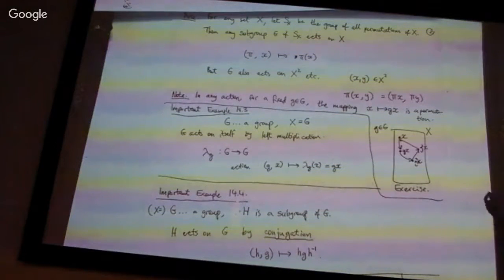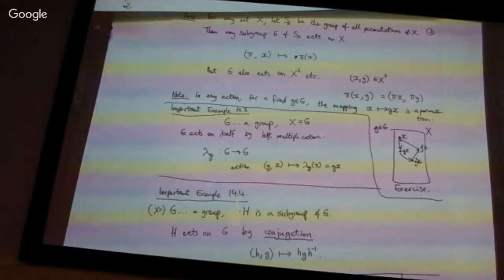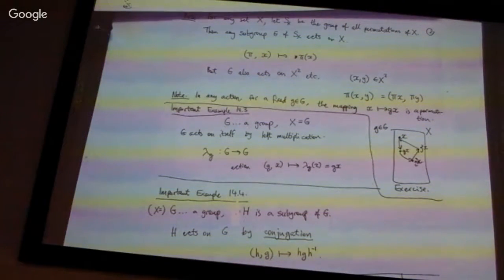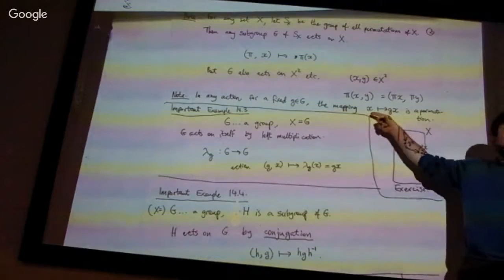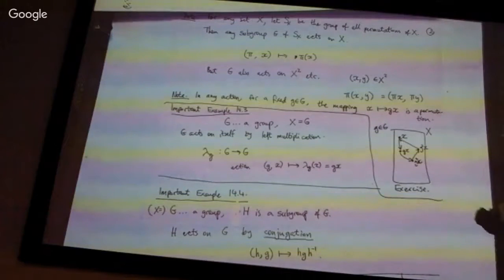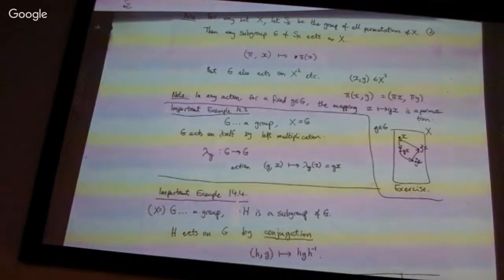I mean, you need inverses to act inversely to what this does. You need the inverse mapping to this. And if you want the inverse mapping, necessarily you need a permutation or bijection. Otherwise, you couldn't have an inverse.